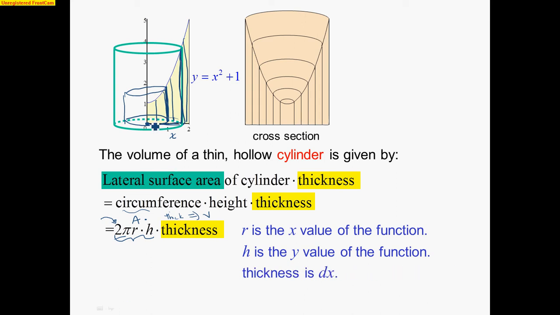The thickness is, every time I make a slice, it's down on the x-axis. So notice, even though I'm spinning around the y-axis, I'm dealing with radii that are x values and thicknesses that are changes along the x-axis, and y is the height, but y is in terms of x.